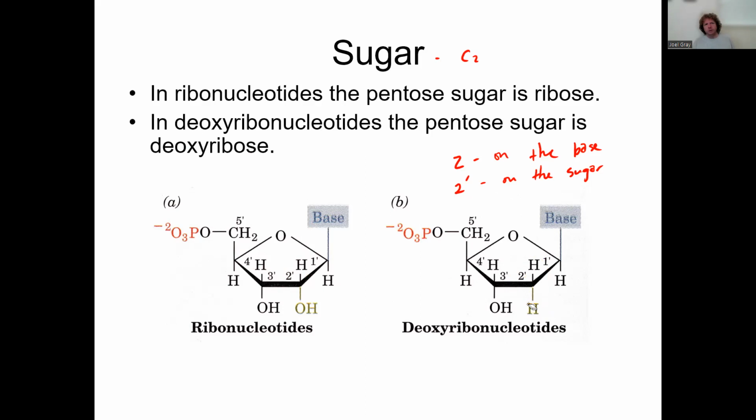Now, one thing that's worth noting is nucleotides and nucleosides. What are we talking about? We're talking about our most common forms, our deoxy and ribonucleotides. But what's our requirement for a ribonucleotide? Nitrogenous base, ribose sugar, and a phosphate.